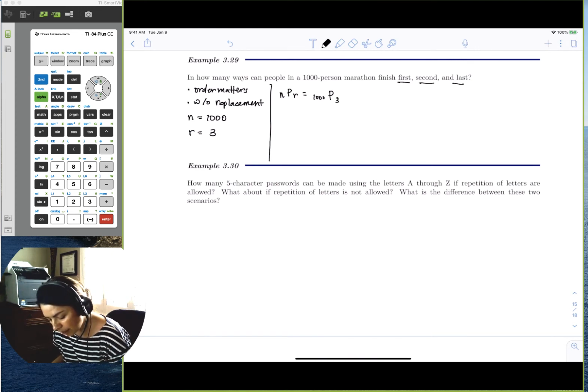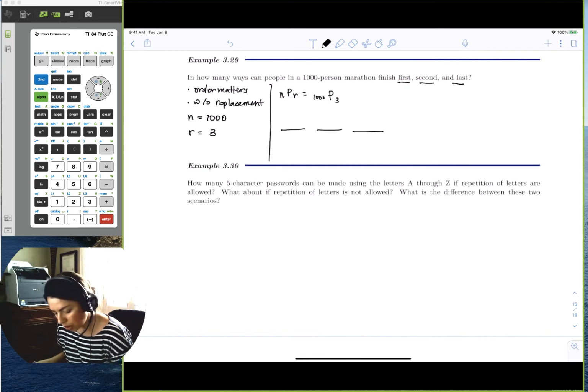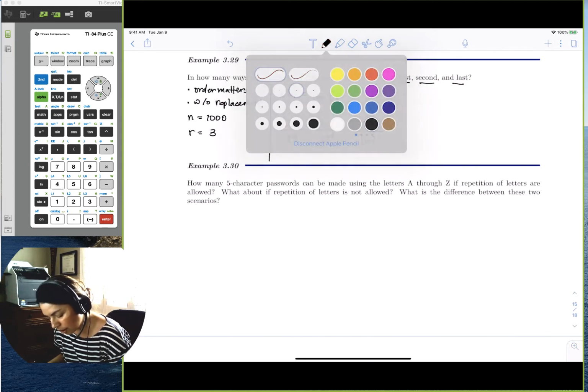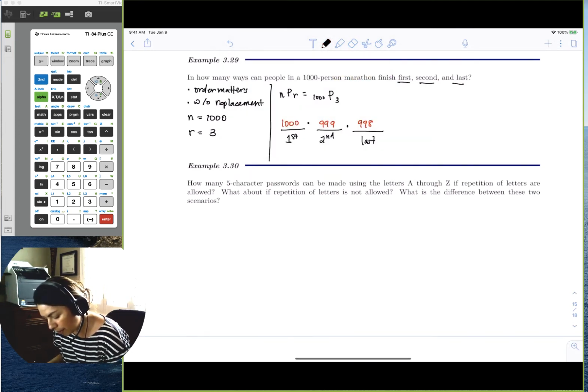The next way is saying, well, if I'm going to do the multiplication rule, I have first, second, and last, and my choices are 1,000 people here, 999 here, and 998 here. But either way, we will get the same answer.